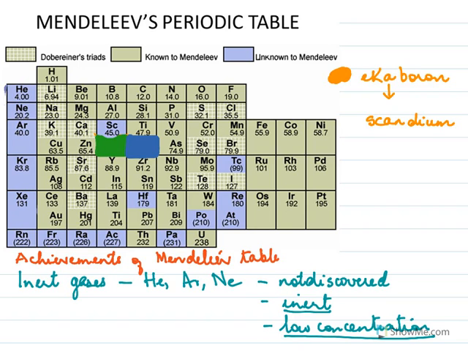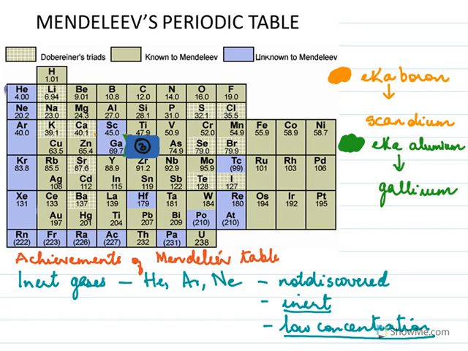Then the second gap, this second gap, he called it aluminium, and predicted the properties of aluminium. And later it was discovered to be gallium, and the properties exactly matched aluminium.